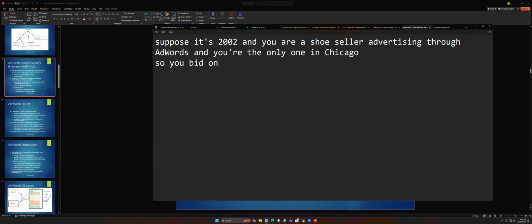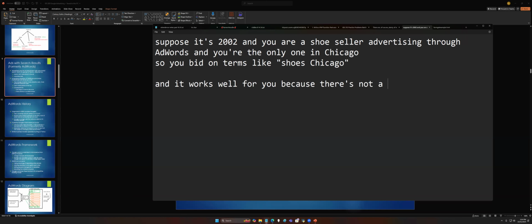So you bid on terms like Shoes Chicago, okay? And it works well for you because there's not a lot of competition for that set of keywords, right?